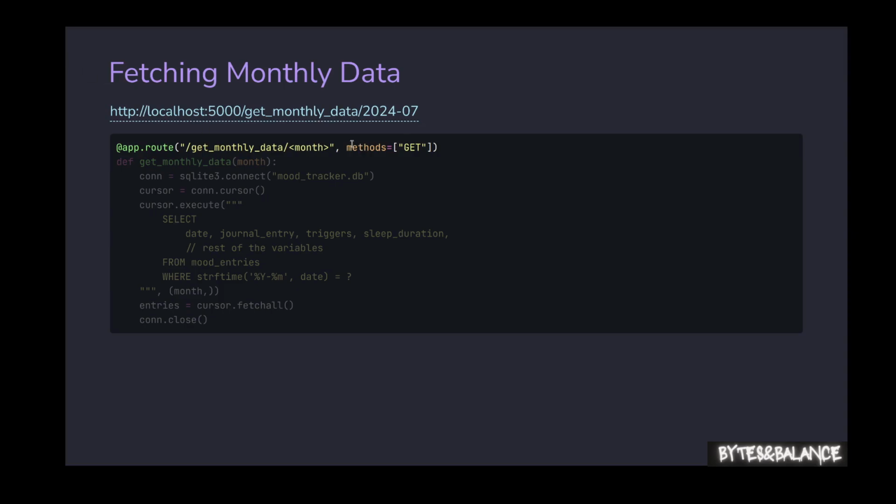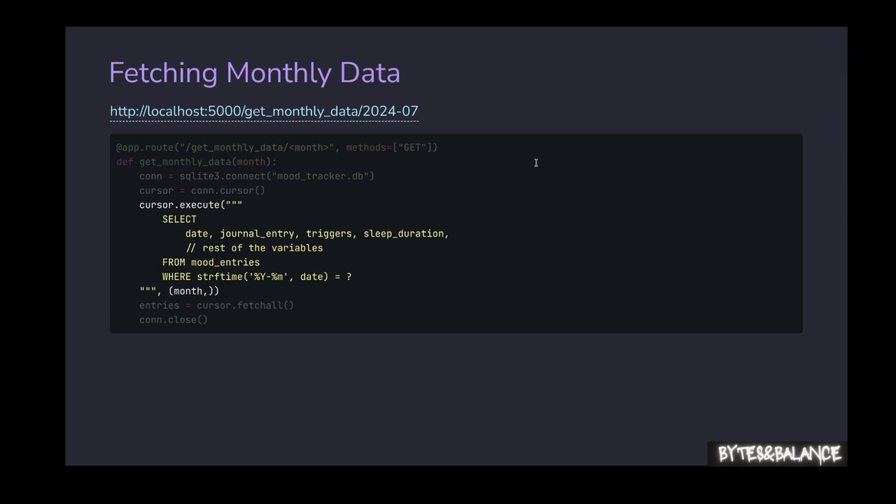So in order to do this, the same thing: first we connect to the SQLite database with the cursor object, and then we run an SQL command. This is the SQL command that we're running to get the data from the mood entries table where the date matches the requested months. Now to match the months, we're using the strftime function. strftime is a handy function that formats dates as strings.